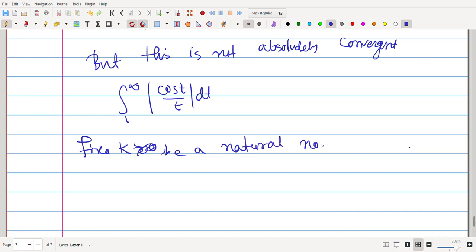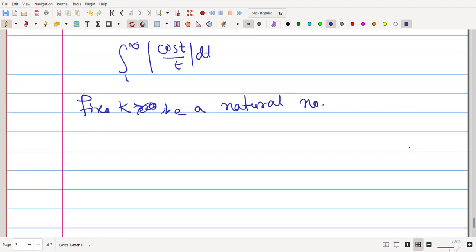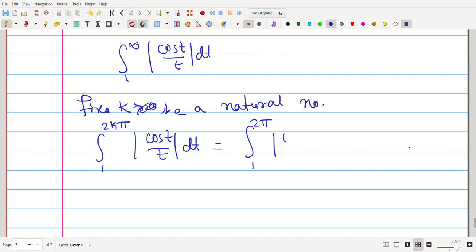Let the integral from 1 to 2k pi of mod of cos t by t dt be equal to the integral from 1 to 2 pi of mod cos t by t dt plus the integral from 2 pi to 2k pi of mod cos t by t dt.